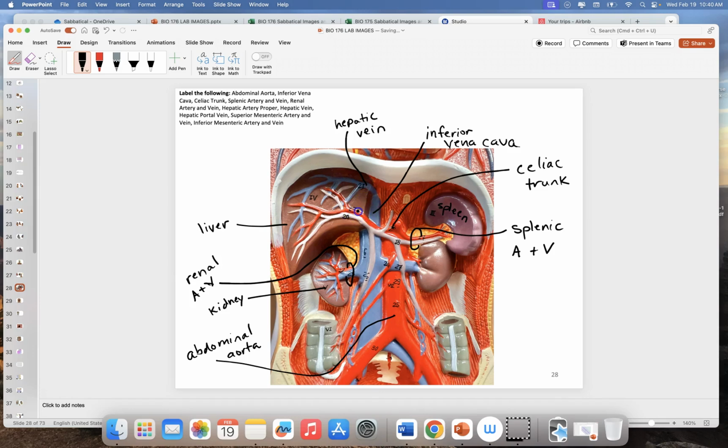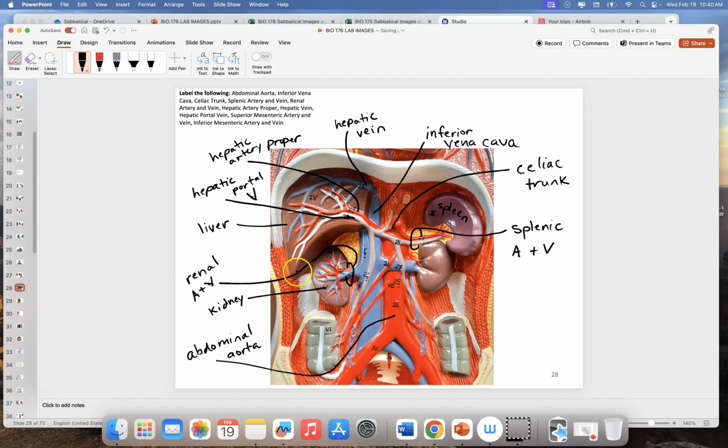This next vessel here is going to be the hepatic artery proper. And then this vessel here is going to be the hepatic portal vein. And we'll talk a lot more about this portal system when we focus in on the digestive system.